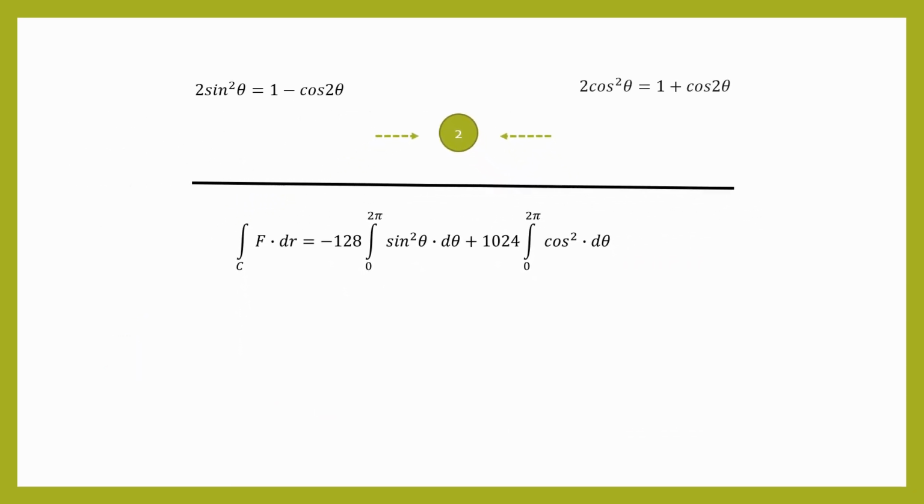We know that in trigonometric identities, sin square theta equals 1 minus cos 2 theta over 2, and another one is cos square theta equals 1 plus cos 2 theta over 2. Then again we substitute these two equations in equation number 2 just now.